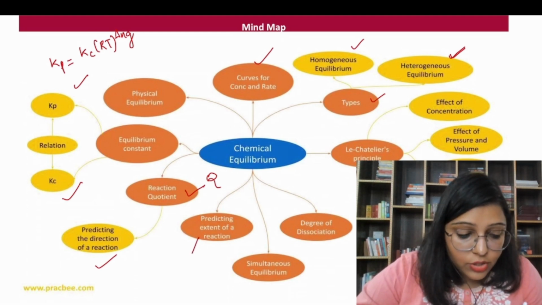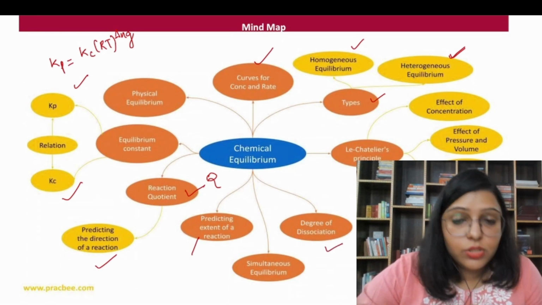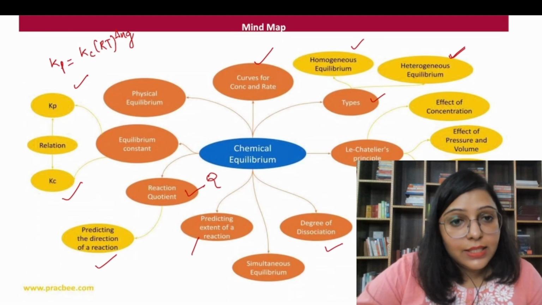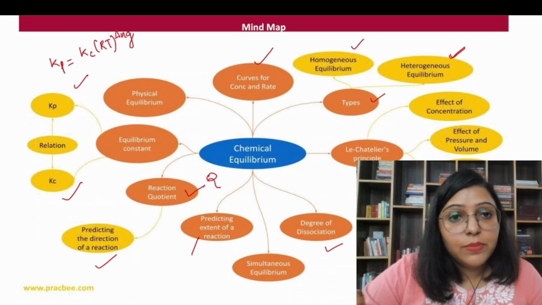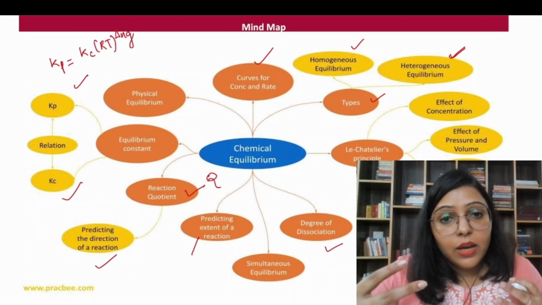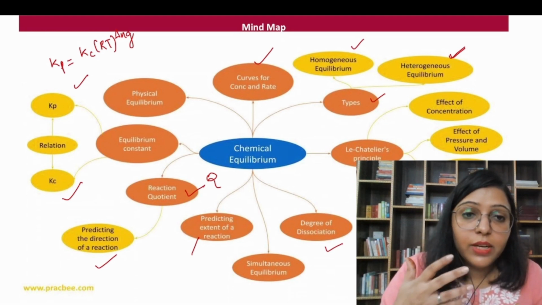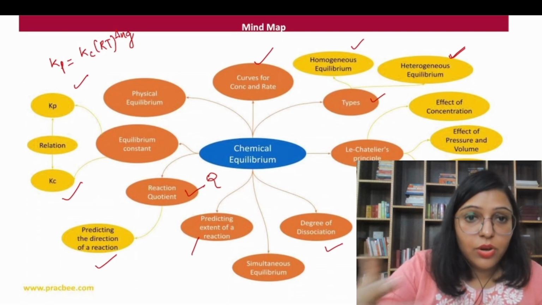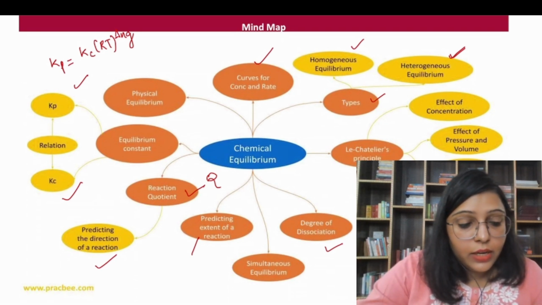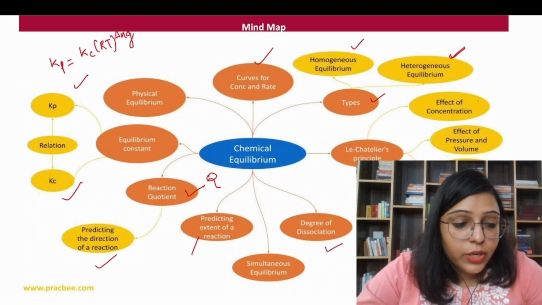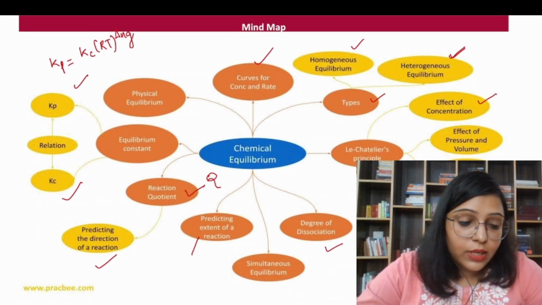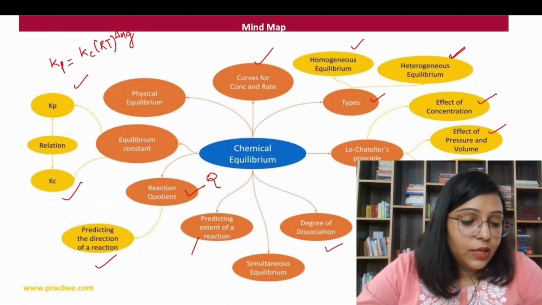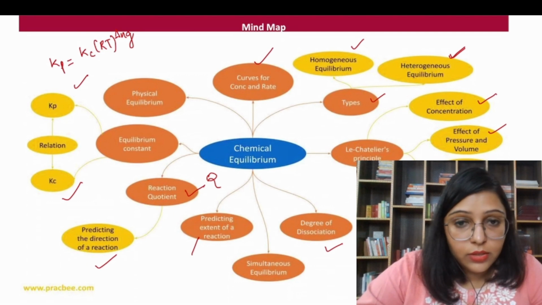So in the extent of reaction, we are going to discuss degree of dissociation, right? Next, we have Le Chatelier's principle. Le Chatelier's principle, it means what is the effect of addition of reactants or products on the equilibrium, right? So in Le Chatelier's principle, we are going to understand the effect of concentration on equilibrium, effect of pressure and volume on the equilibrium, effect of temperature on the equilibrium, and effect of addition of inert gas.